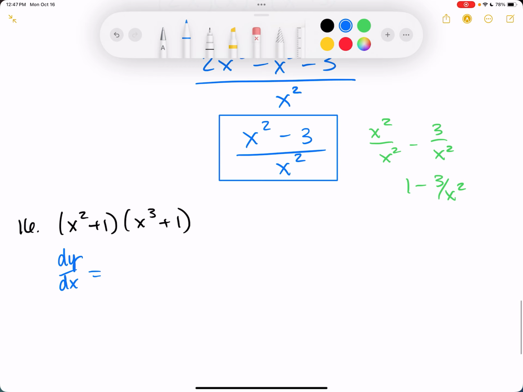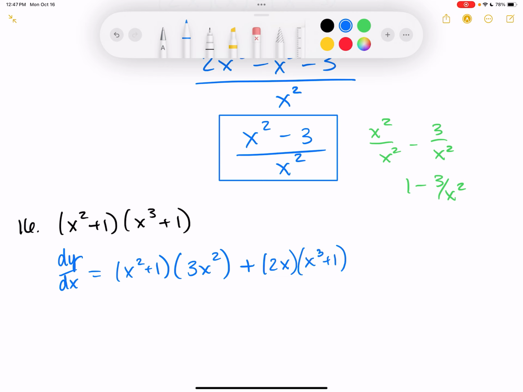So x squared plus 1 times the derivative of x cubed plus 1, which is 3x squared. Then plus the derivative of the first term, the derivative of x squared plus 1, which is 2x, and then times x cubed plus 1.